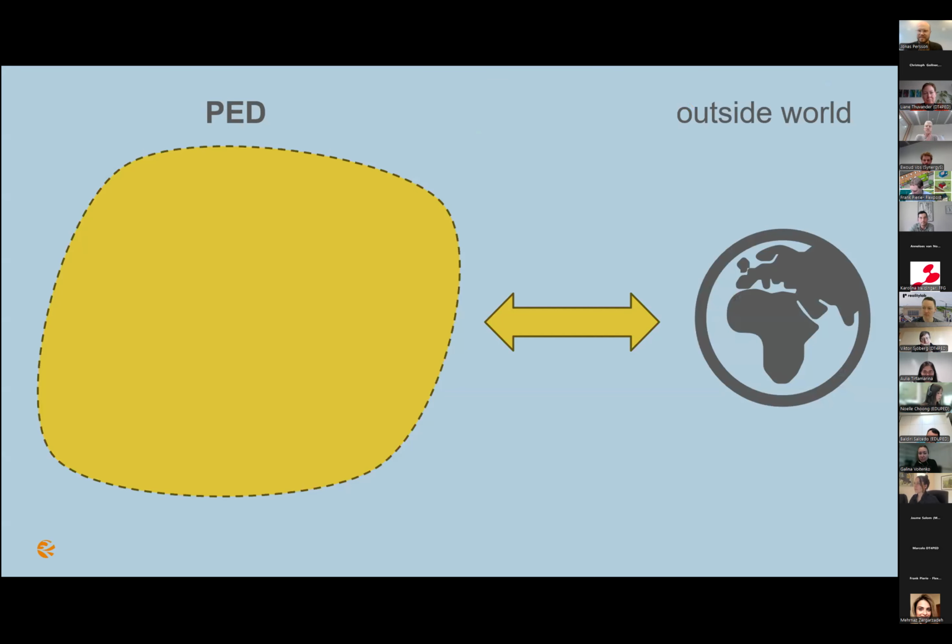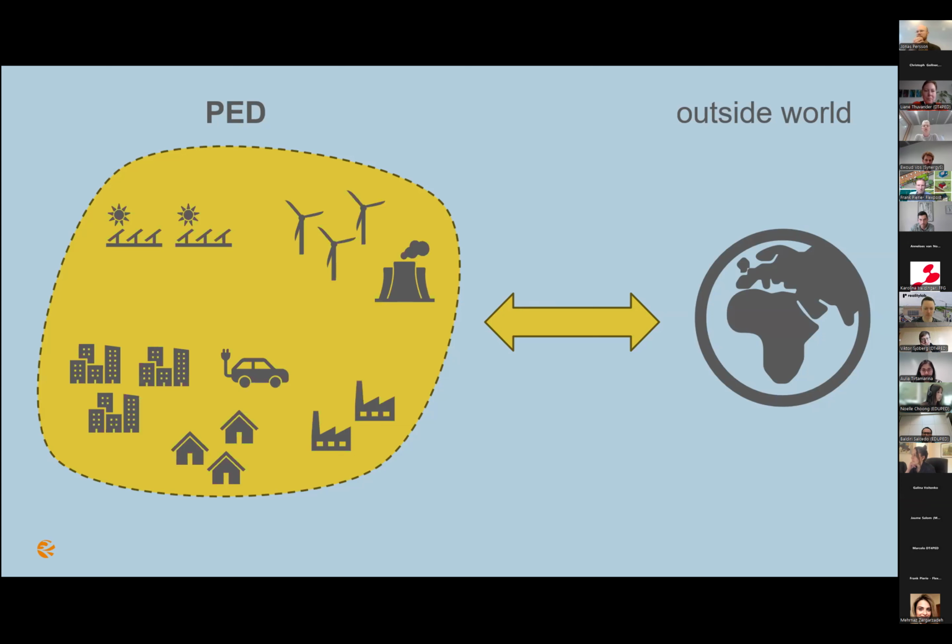This is more or less the task that we have. We are either establishing a PED, or we have already a defined region where we would like to make it into a PED. So we have to think about the boundary and also about our relation to the outside world. And if you advance, Jonas, your PED is typically filled with local production, because that is necessary to become a PED.